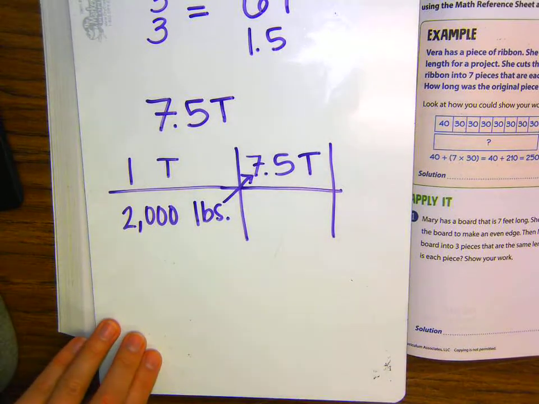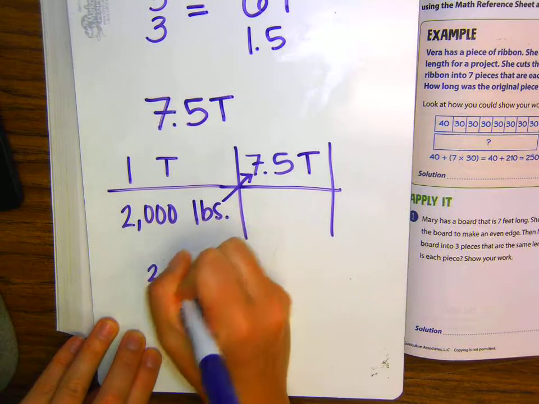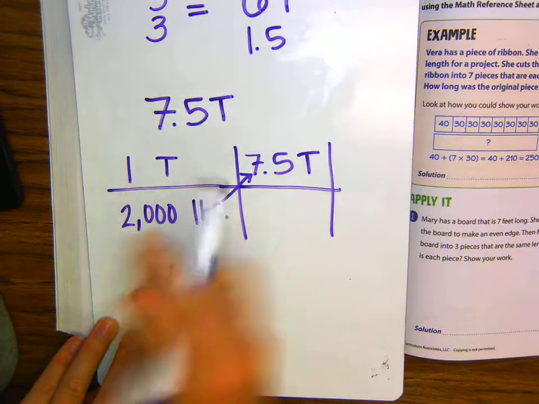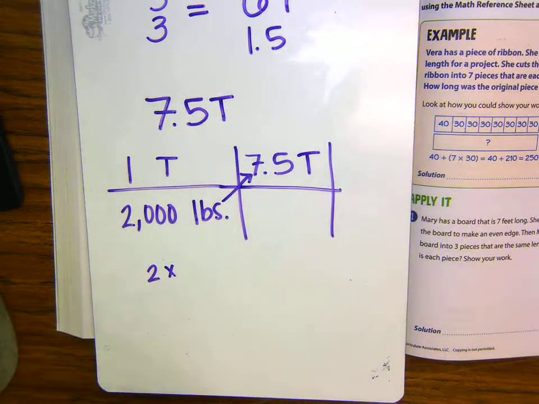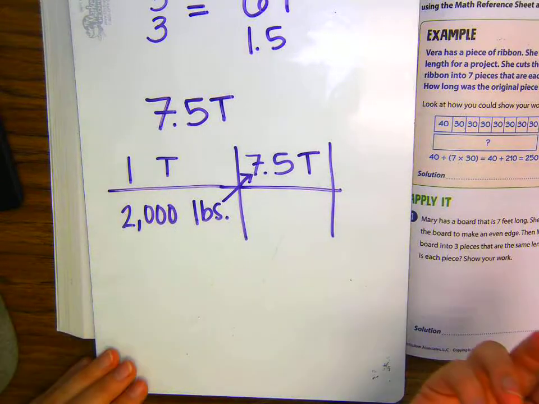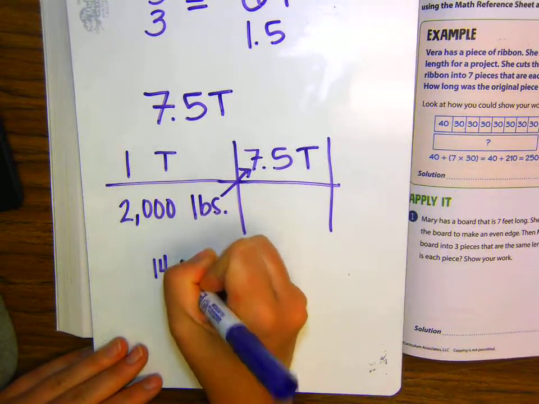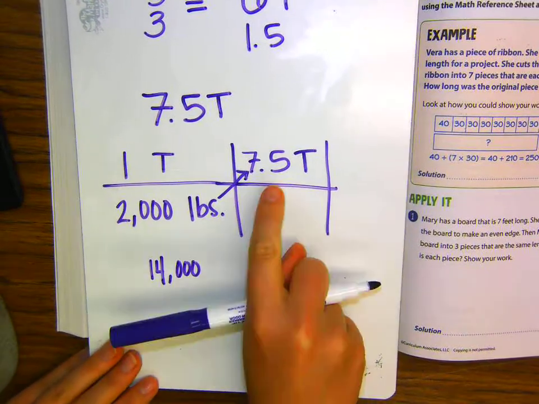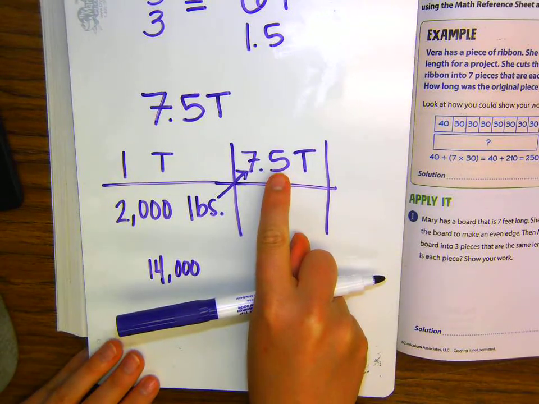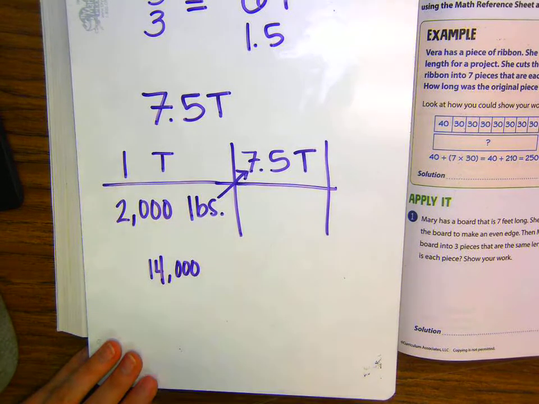I'm just going to do 2,000 times... where's my little eraser? I know if I cover my zeros, 2 times 7 is 14. I'm going to add my 3 zeros. Okay, I also need to multiply by this half, this 0.5. So I need to ask myself, what's half of 2,000? That's 1,000.